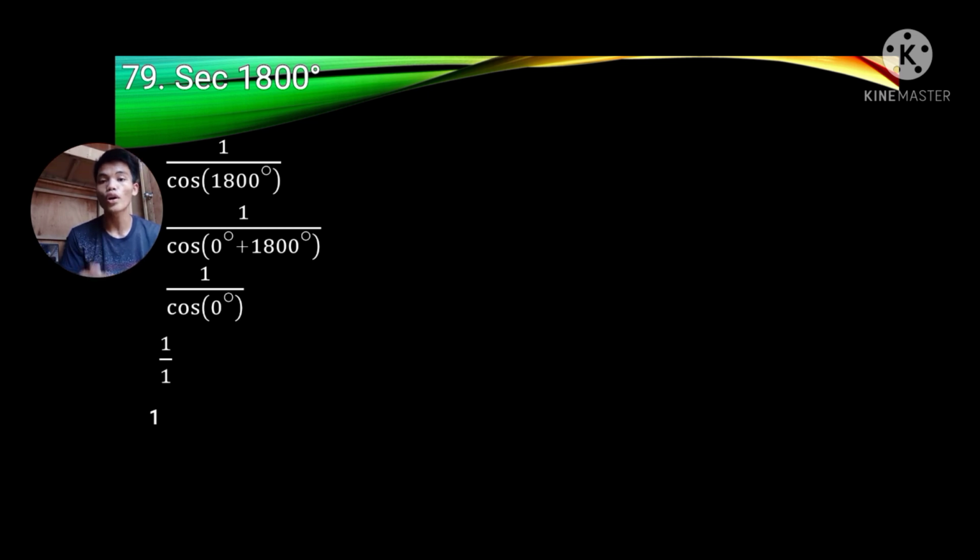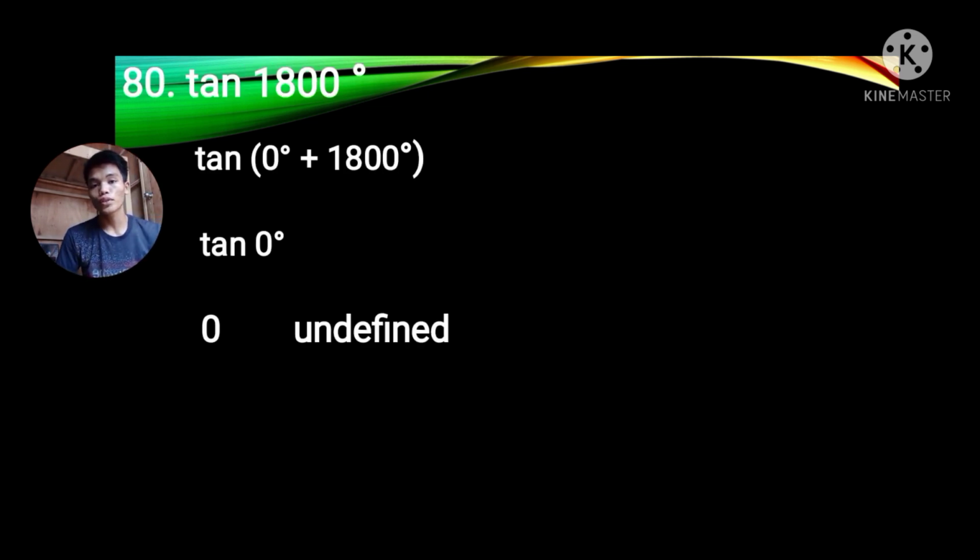Therefore, 1 divided by 1 is equal to 1. Okay, so now we have the indicated function value of secant 1800 degrees, in which the value is 1. And it is clearly defined that secant 1800 degrees is defined. Now, let's go on to number 80.